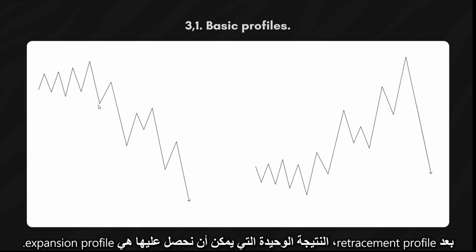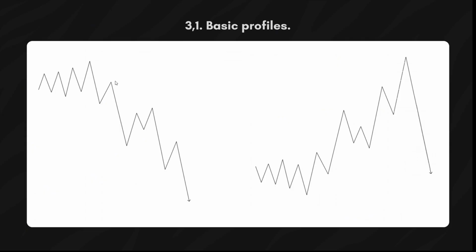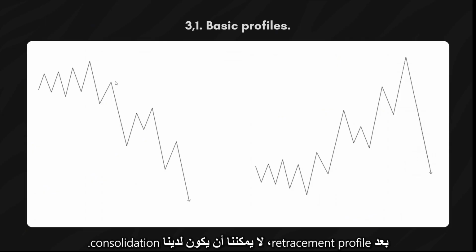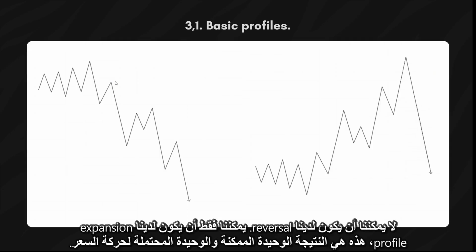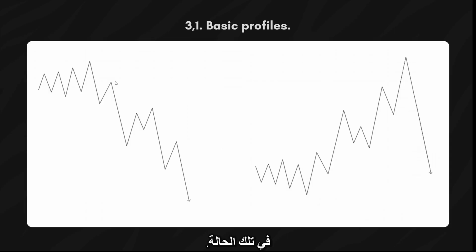After a retracement profile ends, the only outcome we can have is an expansion profile. After a retracement profile, we cannot have a consolidation. We cannot have a reversal. We can only have an expansion profile. That is the only likely outcome for price action in that case.